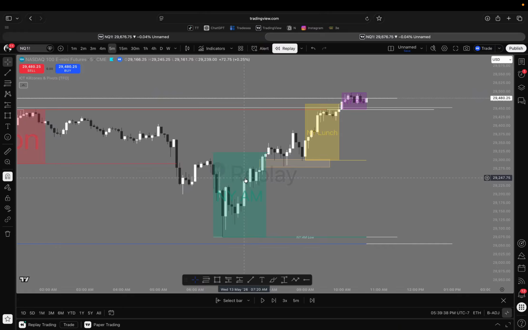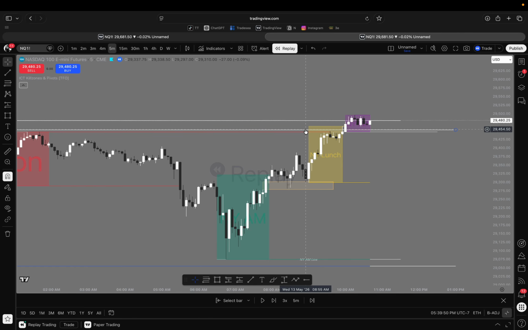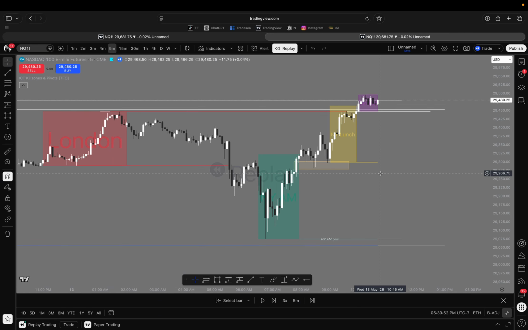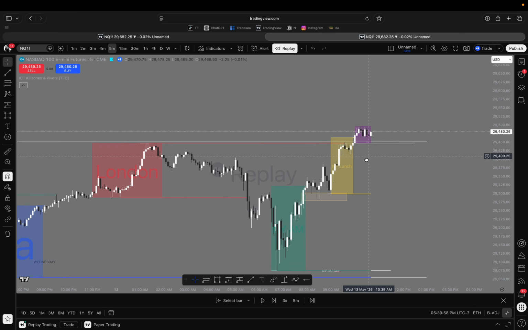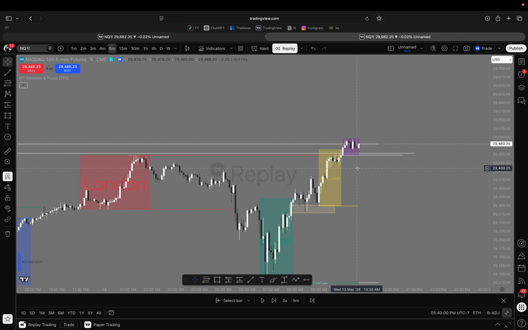You can see after New York AM rebalanced and pushed higher, we ended up chopping around for a while.